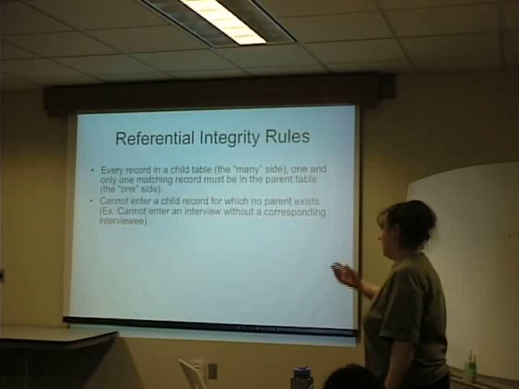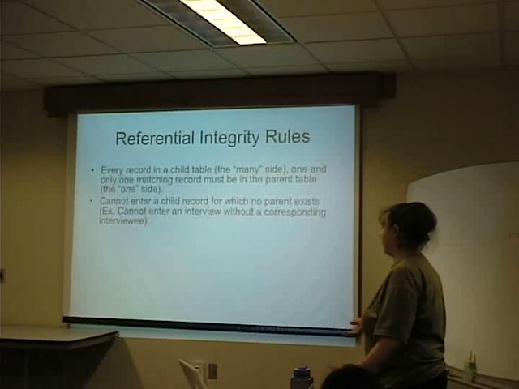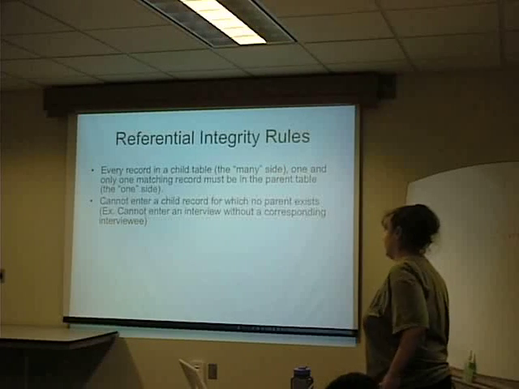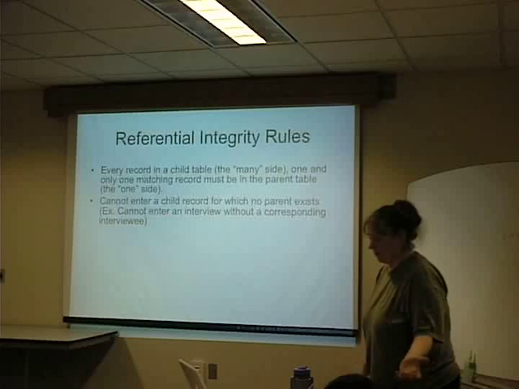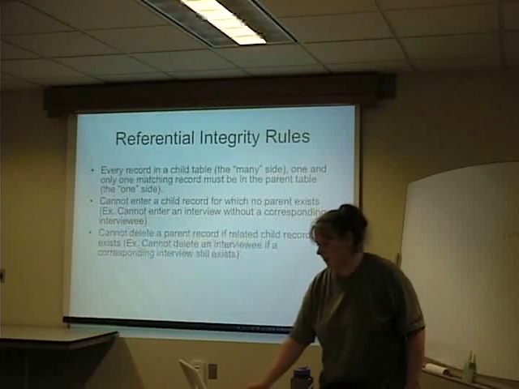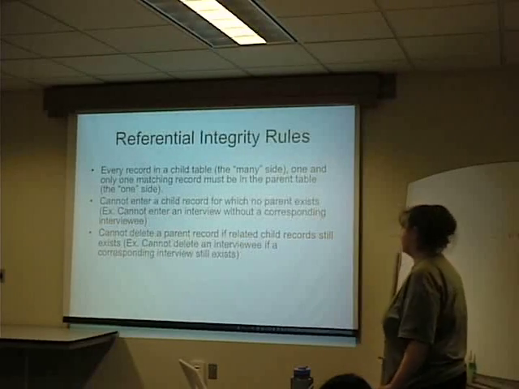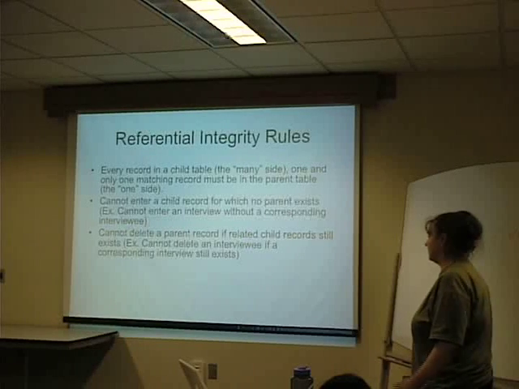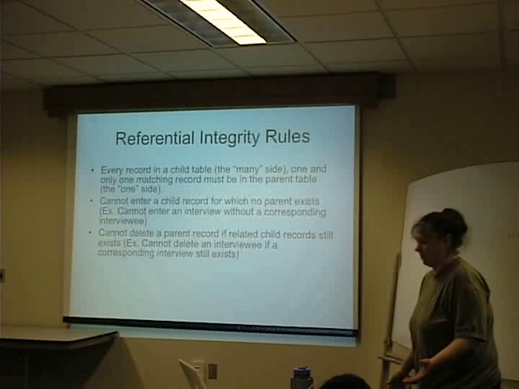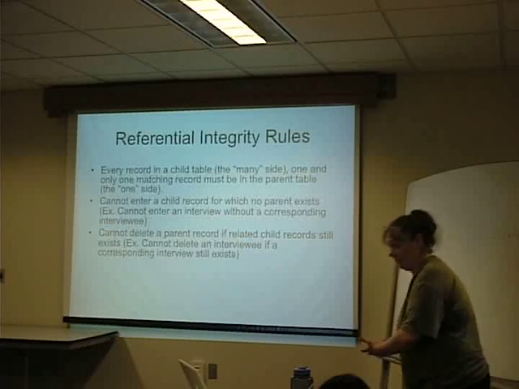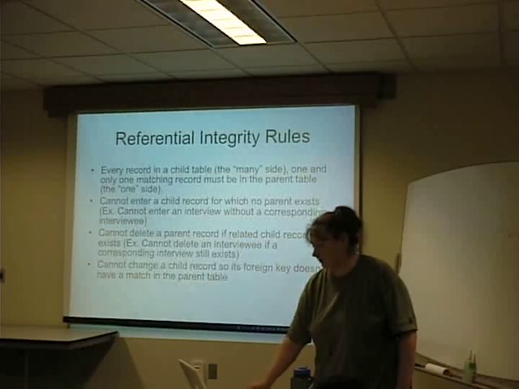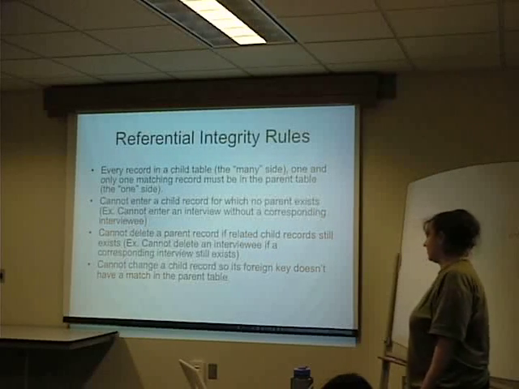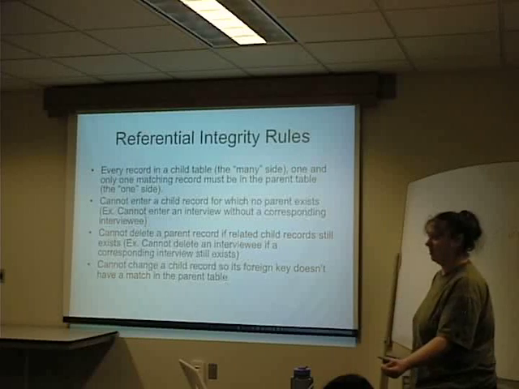Another example is you cannot enter a child record for which no parent exists, so you can't enter an interview without a corresponding interviewee. Kind of in reverse, you cannot delete the parent record if a related child record still exists, so you can't delete the person who does the interview if his or her interview still exists. And also you cannot change the child record so its foreign key doesn't match the table.